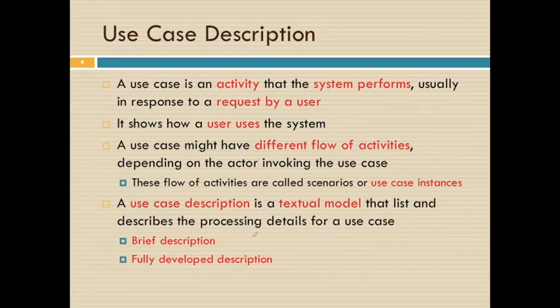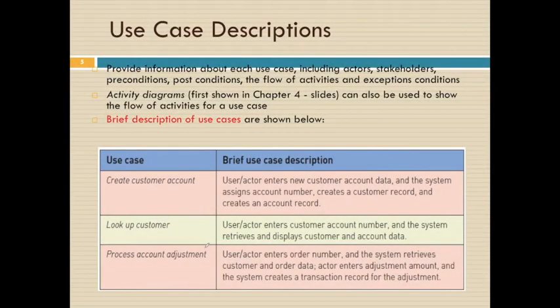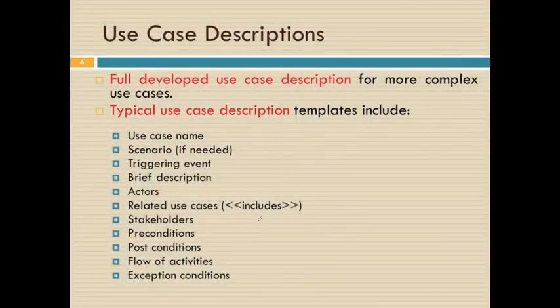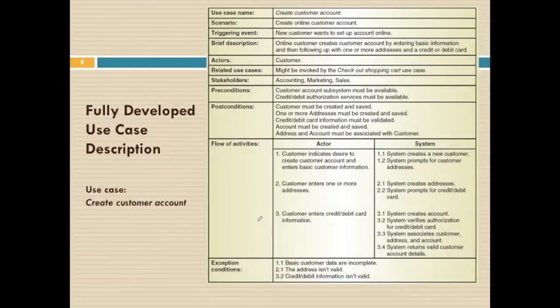Okay, and there are two types of use case description. First is brief use case description, and the other one is fully developed description. So if you still remember, we have learned on the brief description in our chapter 6. Okay, so brief description, we just have only 1 or 2 sentences. While fully developed description, we have several other details that need to be included.